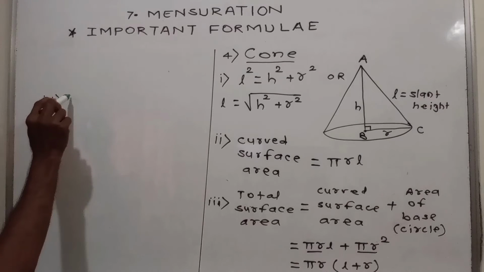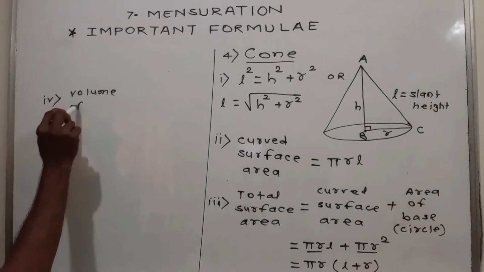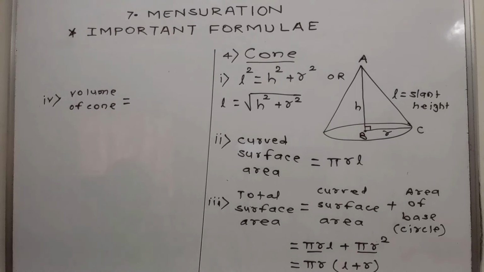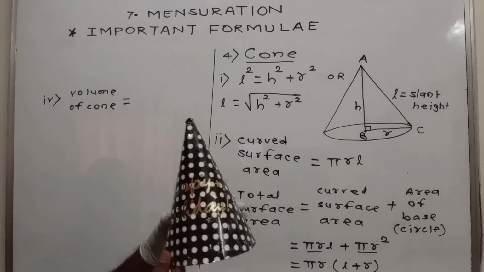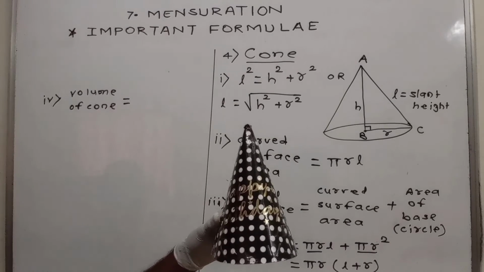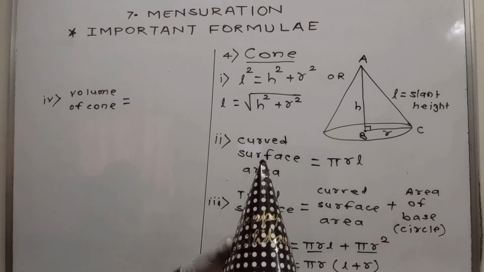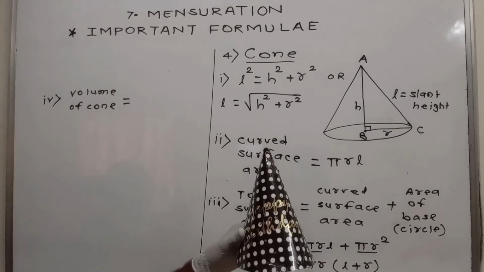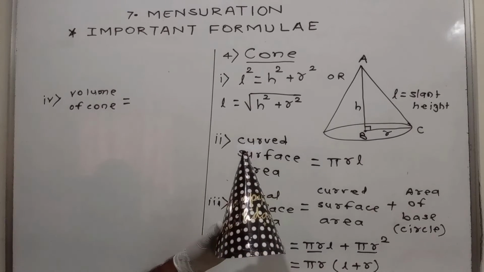Then fourth formula. See here, volume of cone. Volume of cone, when we take right circular cylinder and we cut this cone from that right circular cylinder, then the shredded portion is 2 times. Shredded portion is 2 times than this cone. Means total 1 part plus 2 parts.